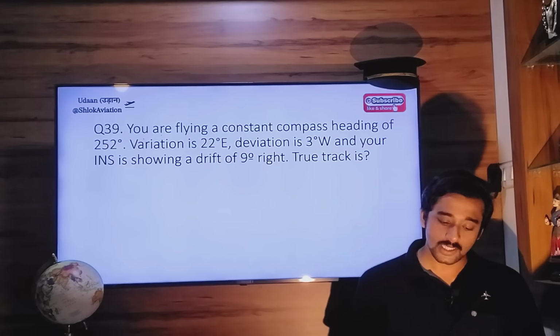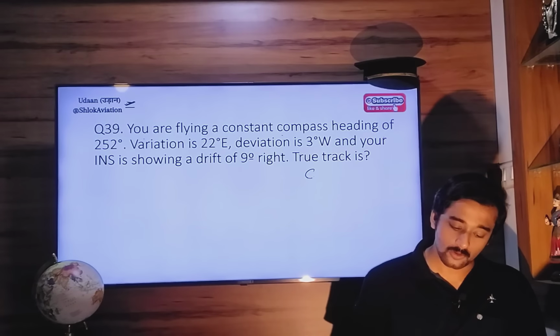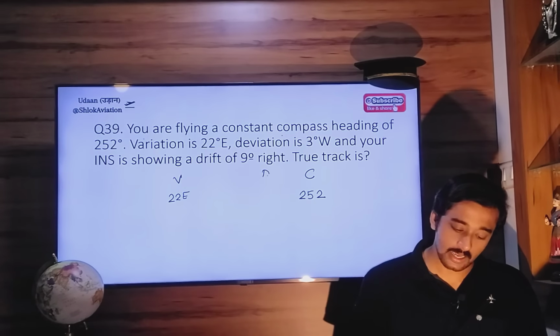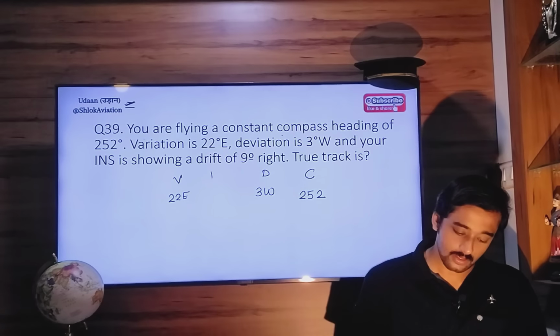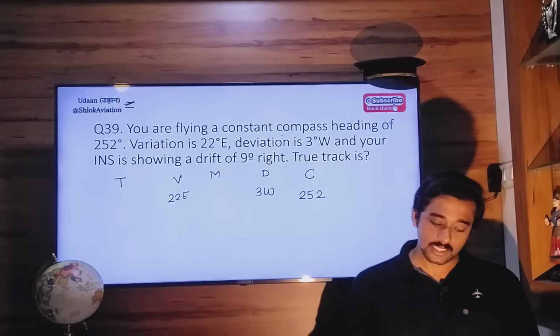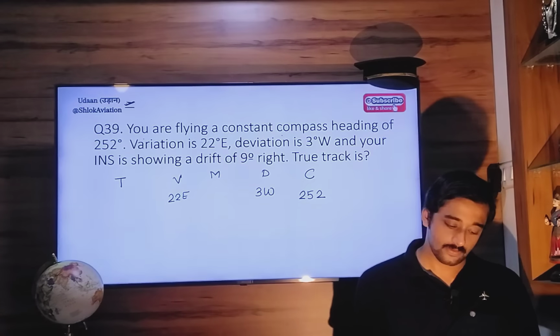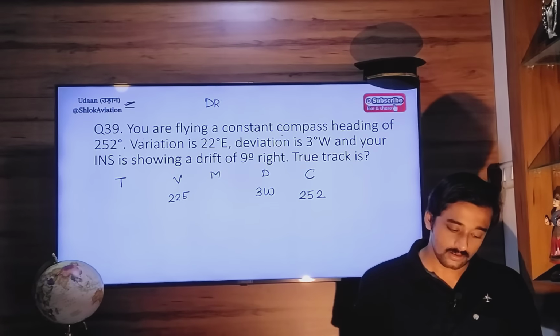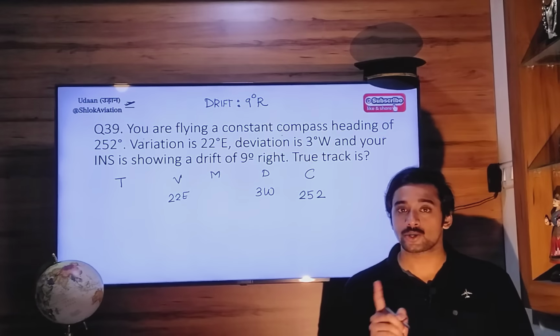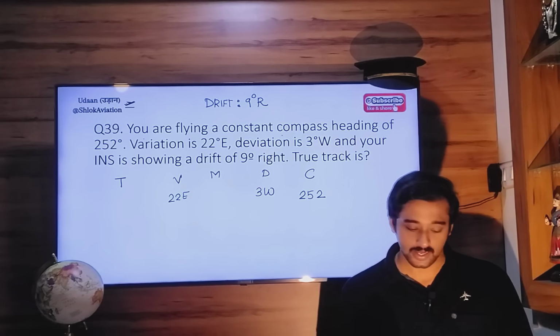You are flying a constant compass heading of 252. Variation is 22 east. Deviation is 3 west. And your drift is 9 degrees right. So let's find out true heading first, and from that true heading we will find out true track.